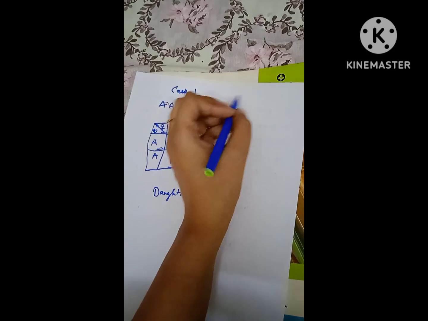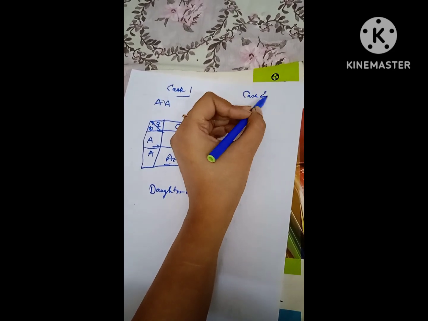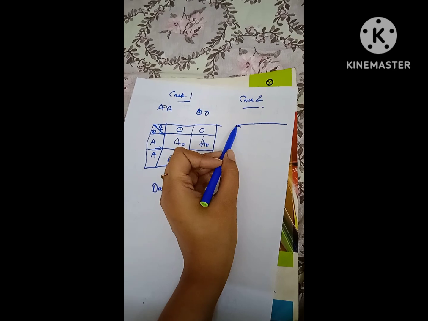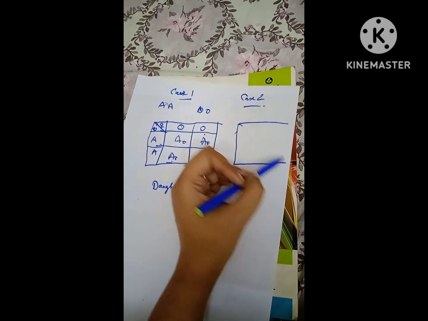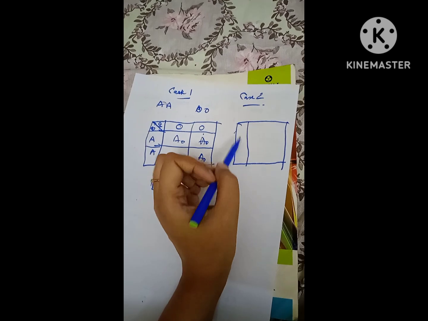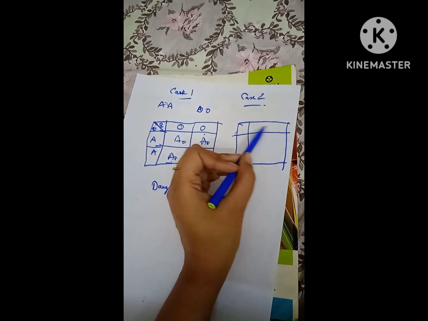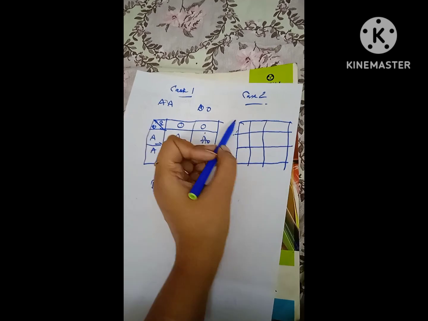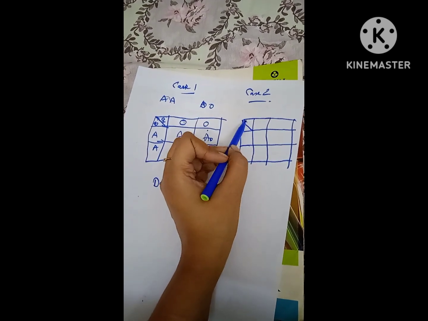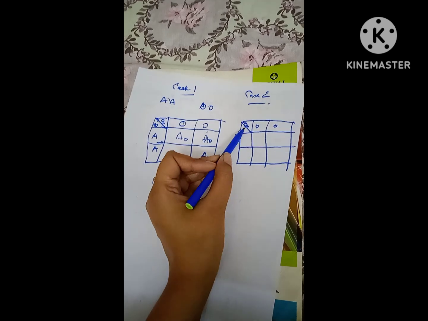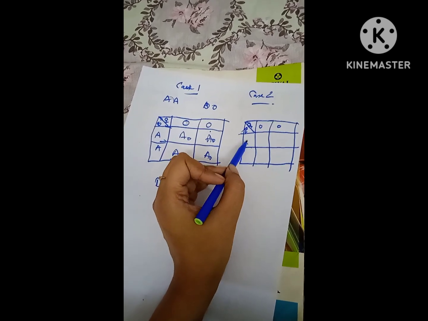Now it is case 2. Again over here I am showing the girl's genotype and over here I am showing the boy's genotype.